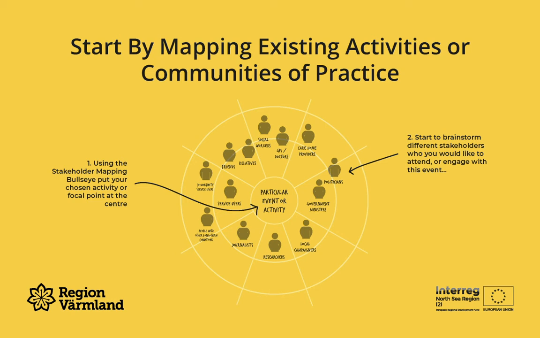There's another technique, another way of focusing stakeholder mapping, that can potentially be valuable and a little bit easier, certainly more pragmatic than those other two activities, which is to think about existing events or community-based activities that you're already aware of.